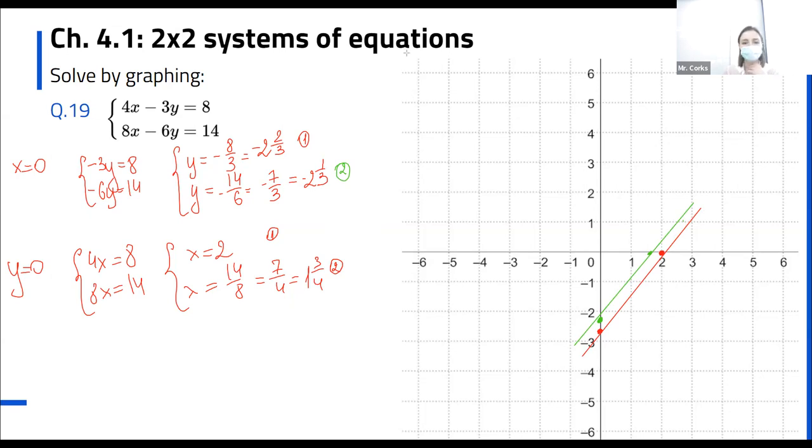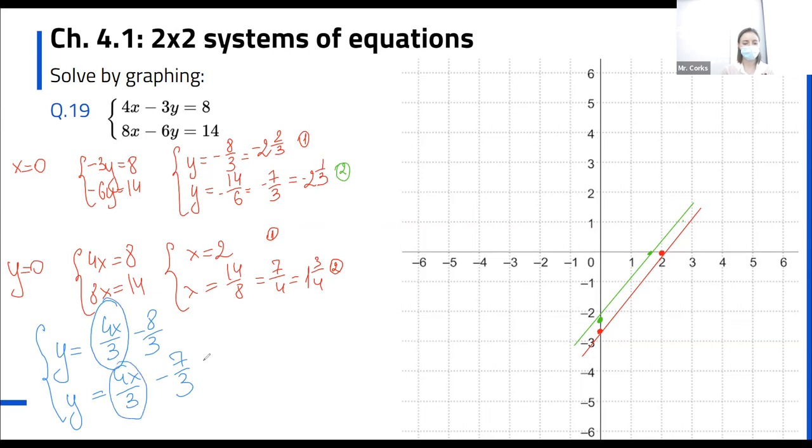In fact, if we solve it a bit another way, making the slope-intercept form, it would look like y equals 4x minus 8 over 3. And the second will look like y equals 4x minus 7 over 3. So we can see from these equations that the coefficient in front of x is the same.